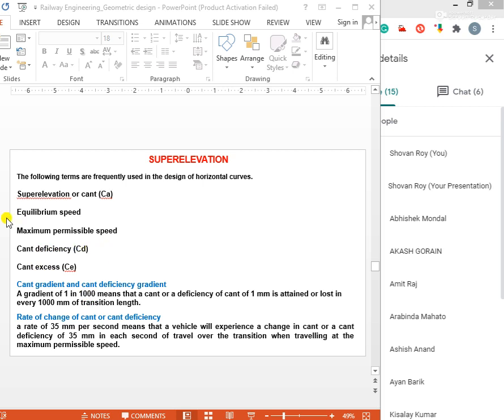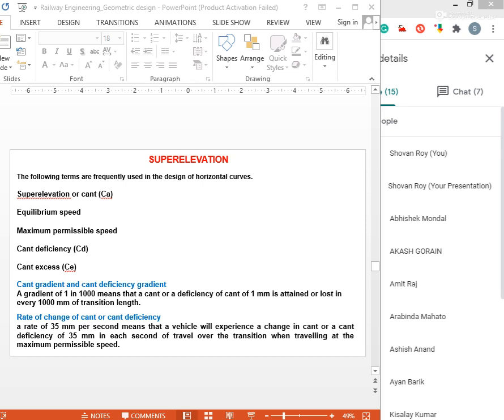From these two conditions, cant deficiency and cant excess, we can calculate it. Both are design parameters for calculating the permissible speed of the train on a curve.